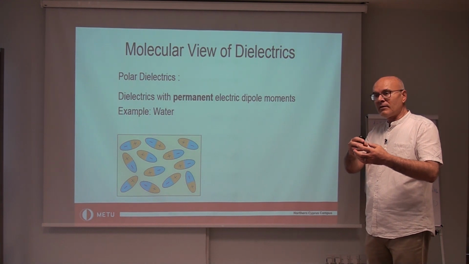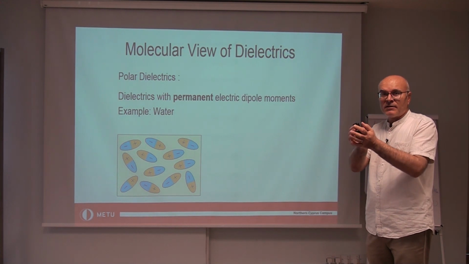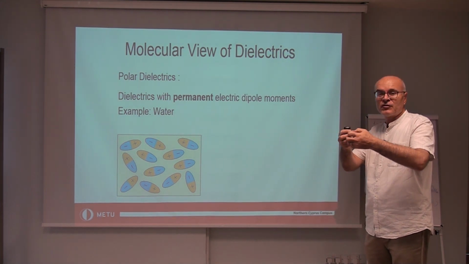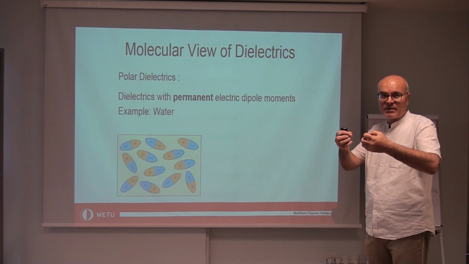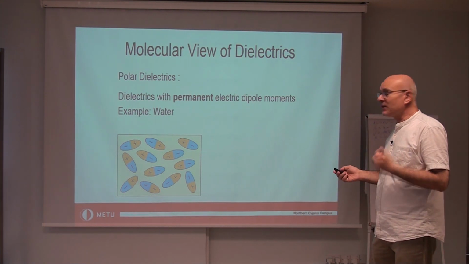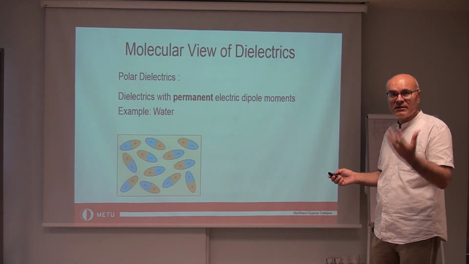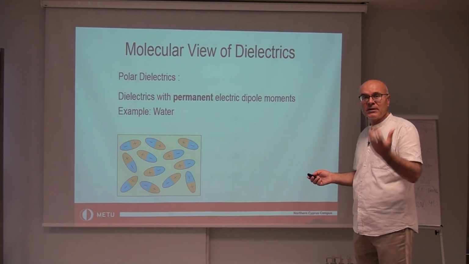They are neutral, but the positive charge and negative charge on these molecules are split. Water is an important example of these. In other words, their molecules have a permanent dipole, permanently polarized.